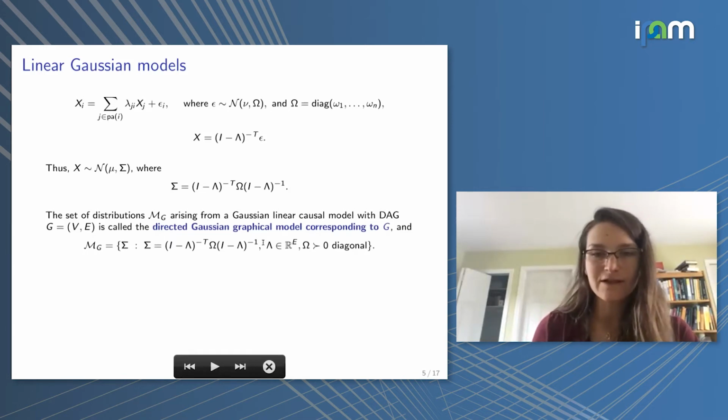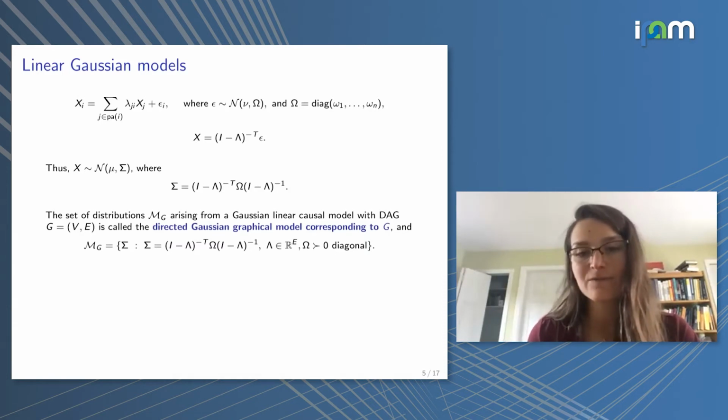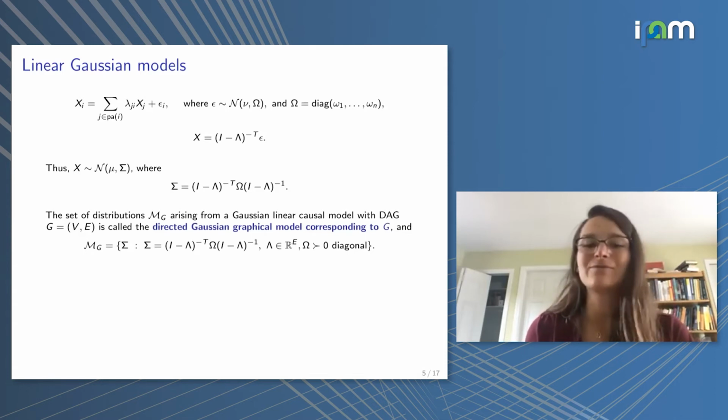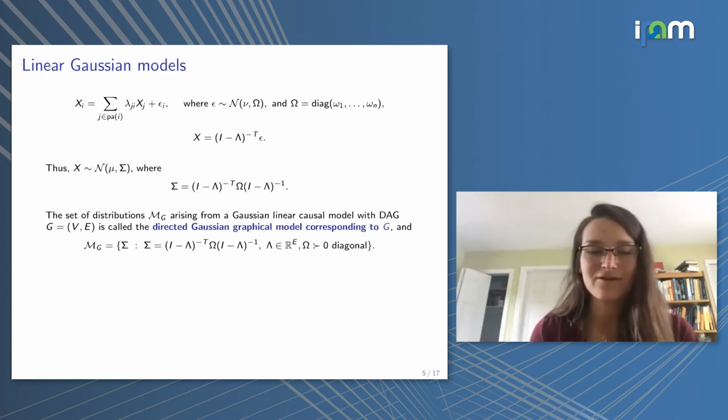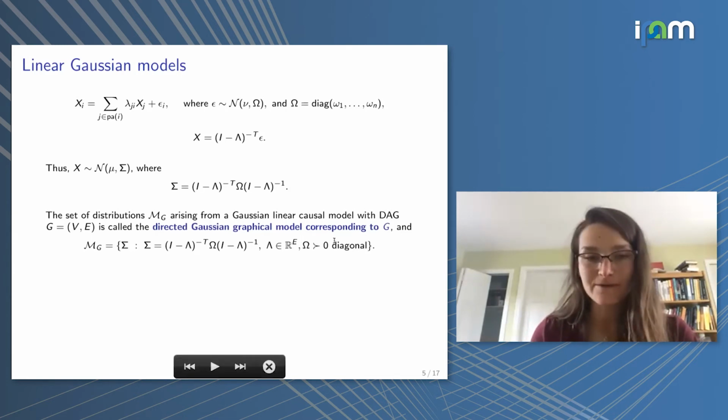Again, this is new notation here. Lambda has the structure of the graph, so it lies in R to the E, where E is again the edges. It means it has 0 if there's no edge from i to j, and otherwise it's some coefficient lambda ij, and omega is positive definite diagonal.